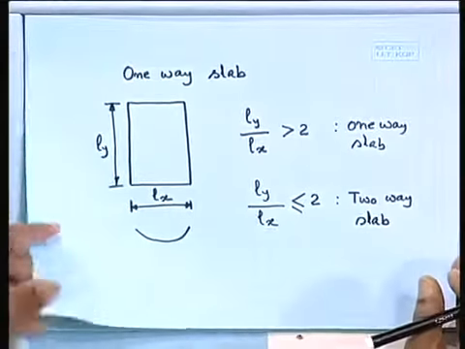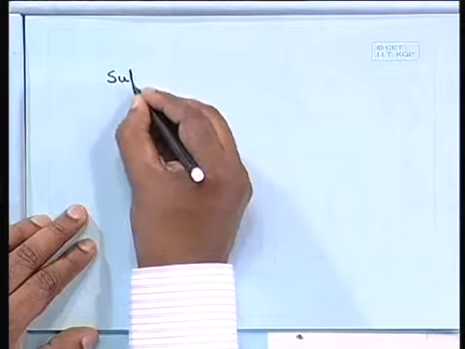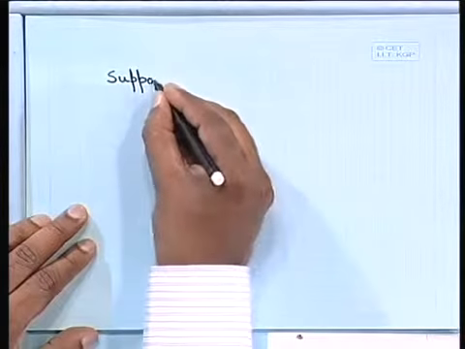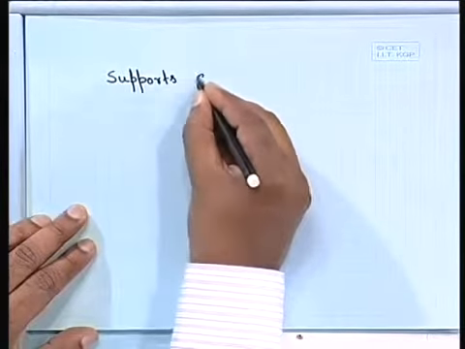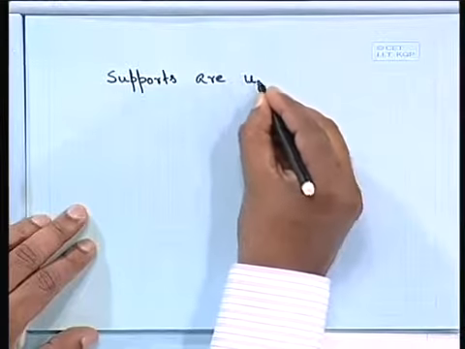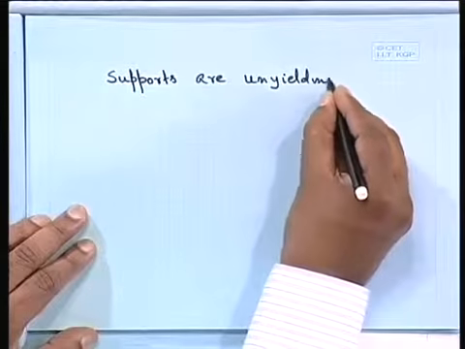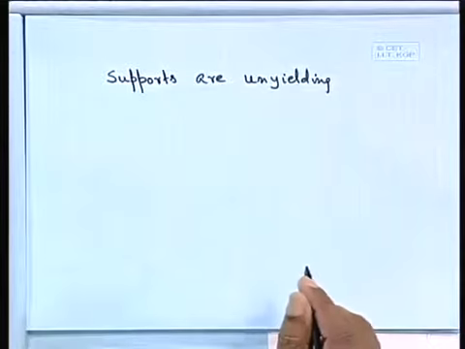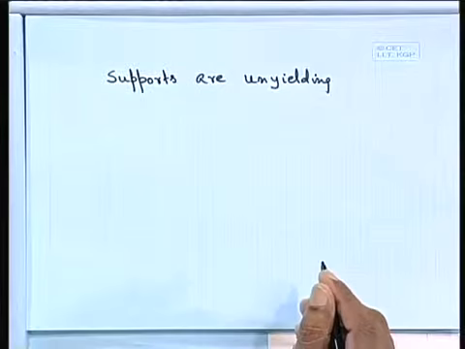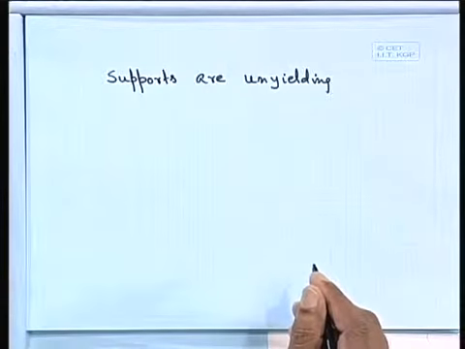There are different supports. We call the supports unyielding, that means there is no displacement or deflection of the supports.